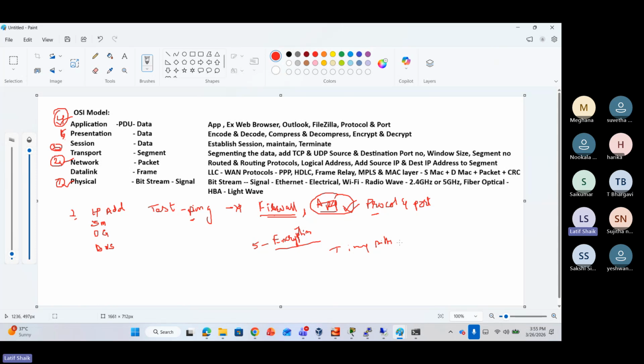Then it is as per my time zone, I'm not following the server's time. It is mismatched with the server. Then also you may not be able to access, and you'll get encryption based errors. In encryption, the time must compulsorily match, for security. Okay. So there are a lot of examples also.